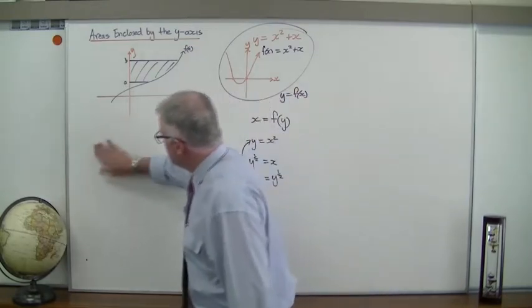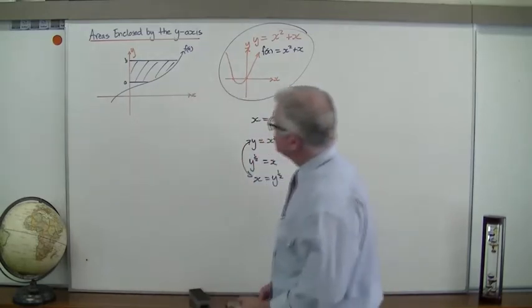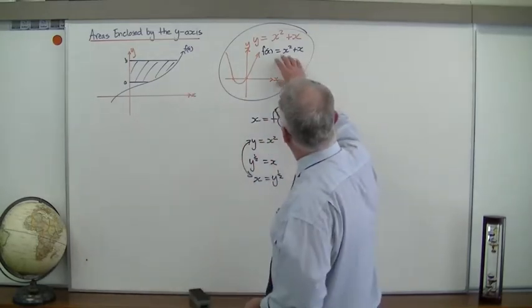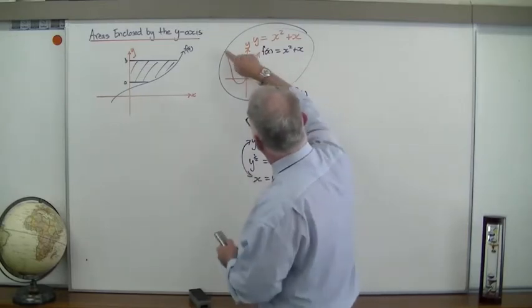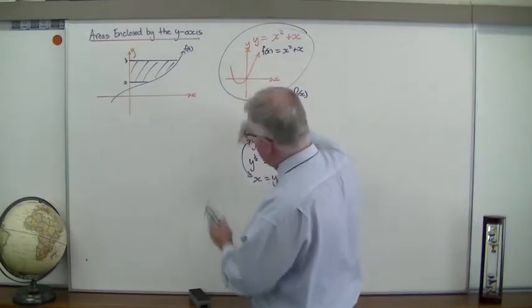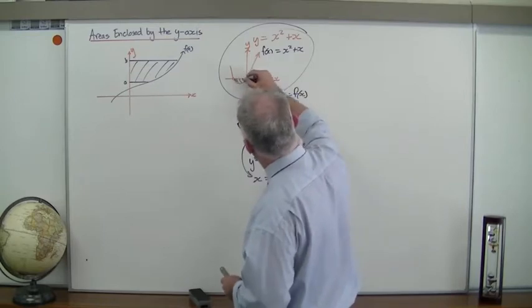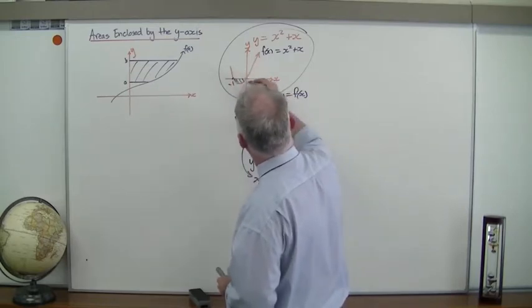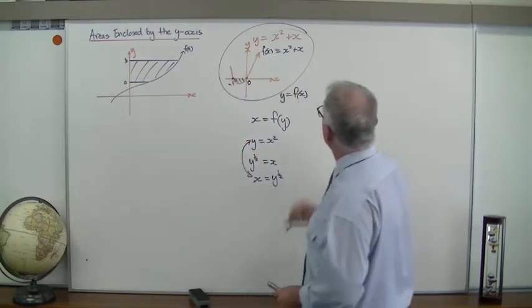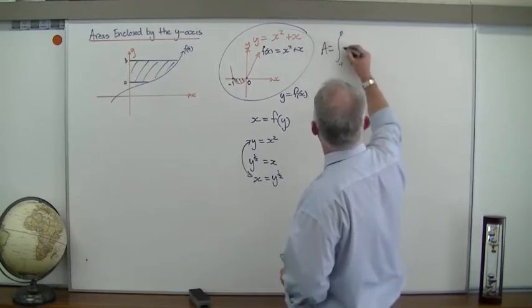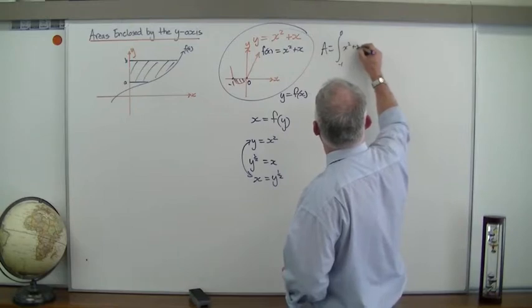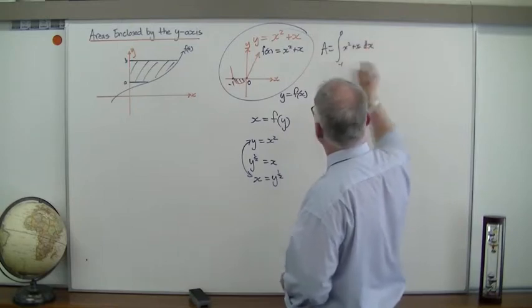Previously, with the integral sign, if we wanted to find the area between the curve and the x-axis, say from minus 1 to 0, the area would be the integral from minus 1 to 0 of x squared plus x with respect to x.